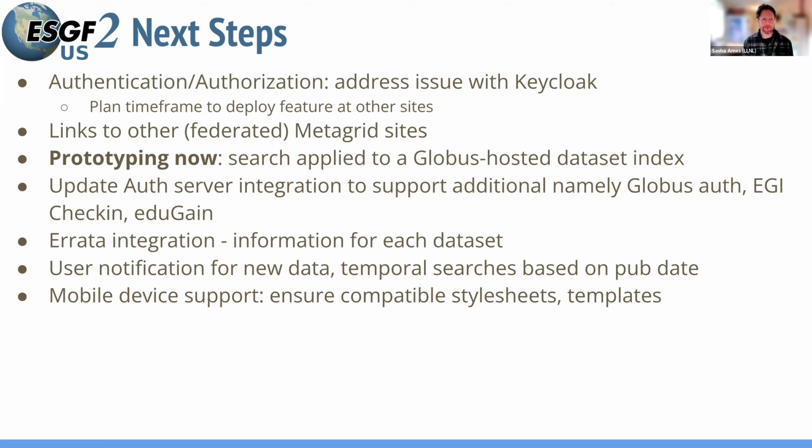We're talking about switching from Keycloak to other platforms. It's all similar protocol standards, but there might be some slight differences. So we're looking at Globus Auth, which already has some integration, but also EDI check-in and EduGain, and how those auth platforms can be interoperable.